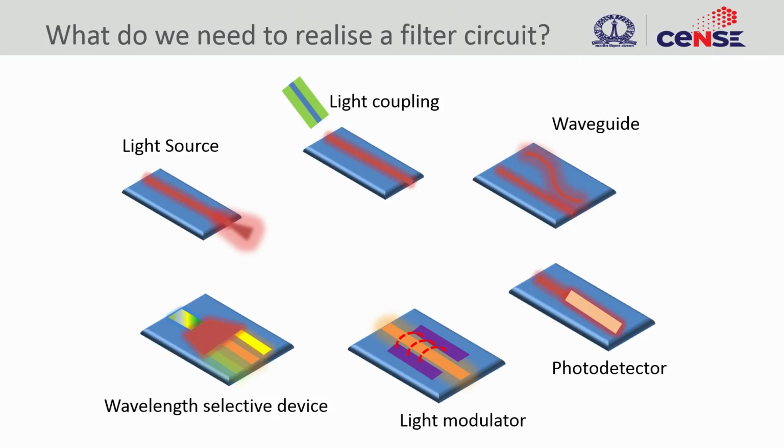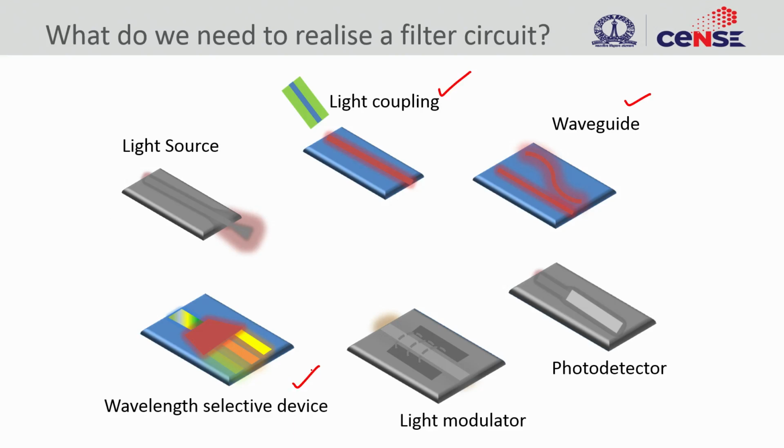The problem in hand right now is relatively simple compared to some of the complex functionalities you can realize using a photonic integrated circuit. In order to realize a filter circuit, we need light couplers, waveguides and a wavelength selective device.